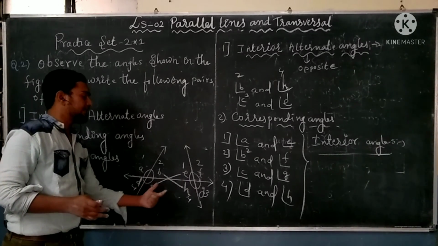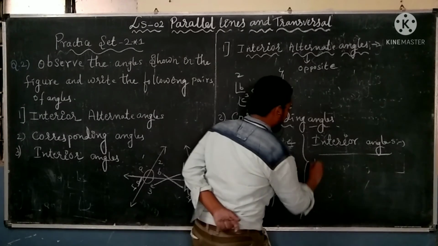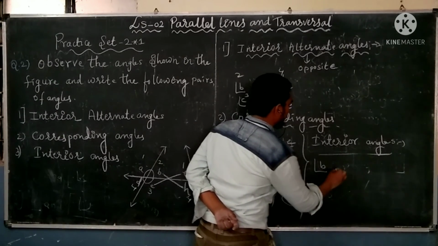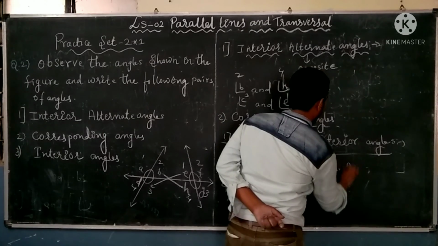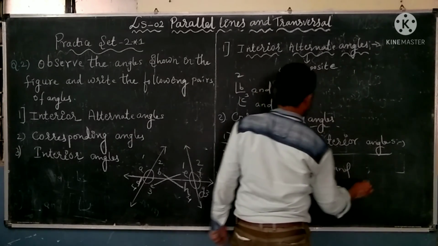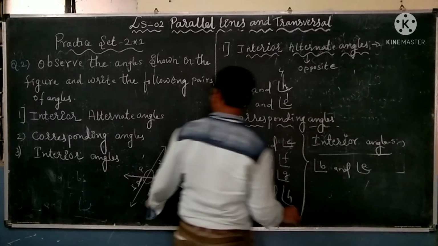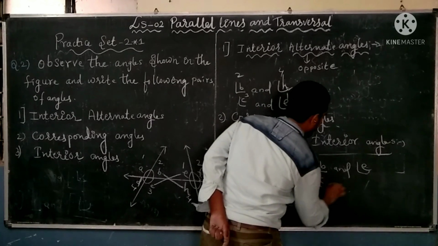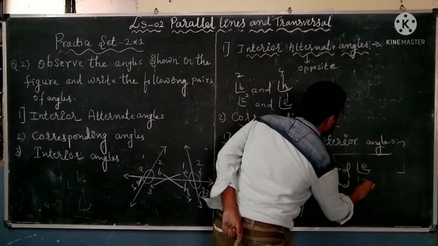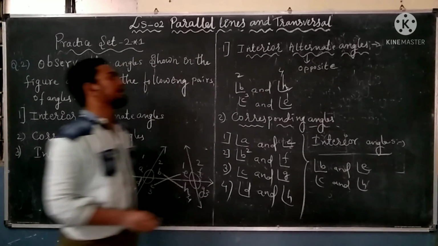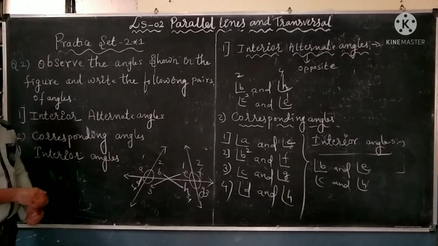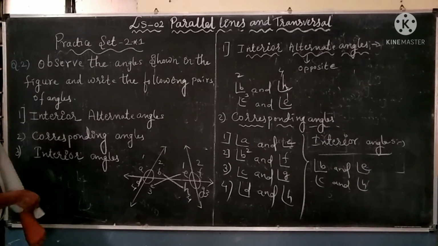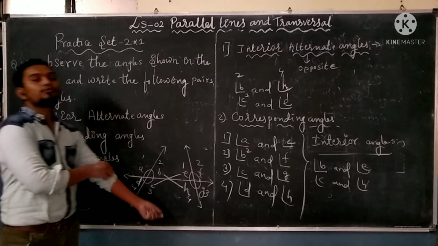Therefore, these are interior angles. Angle B and angle E are interior angles. Next, angle C and angle H are interior angles. There are 4 interior angles in this figure.